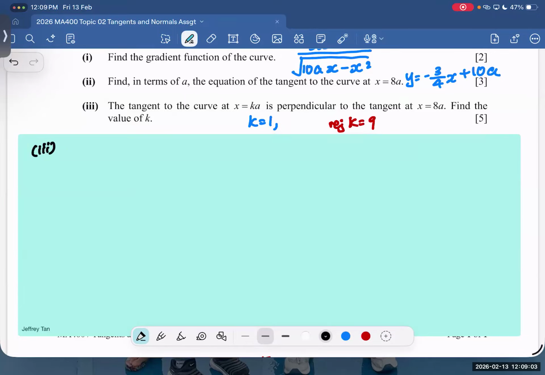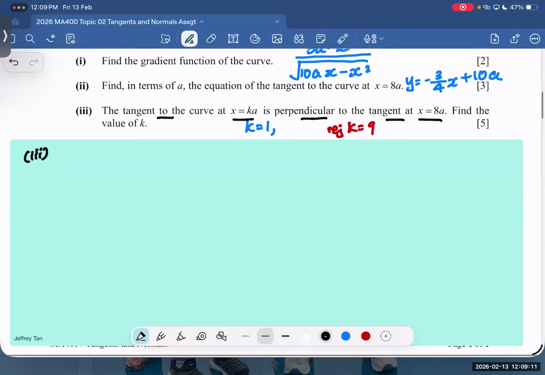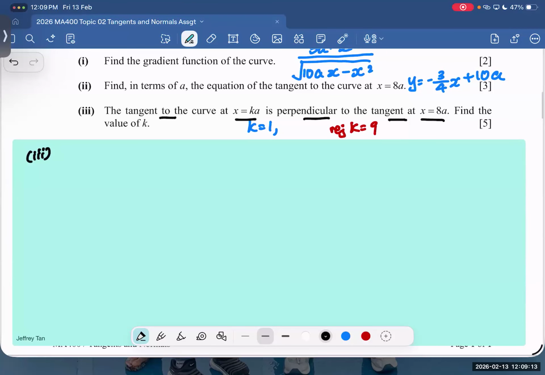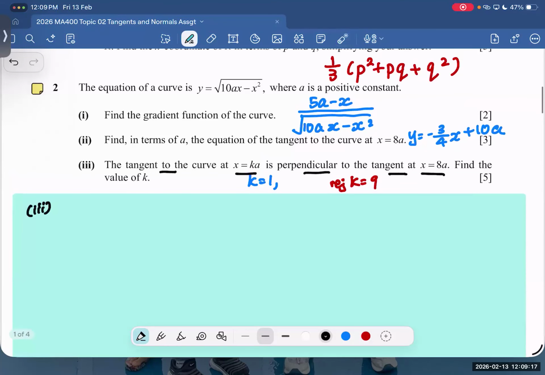Okay, so now I go to part 3. So I look at Ka. So guys, the tangent at Ka is perpendicular to the tangent at 8a. One is 8a, one is Ka. So now, can you tell me the tangent to the curve at Ka, what is the gradient?